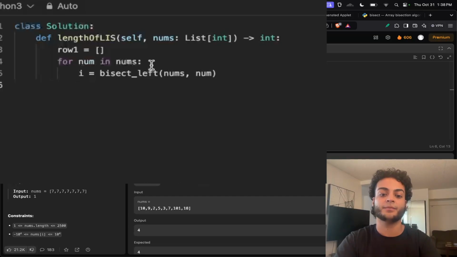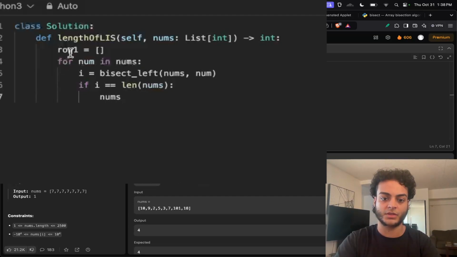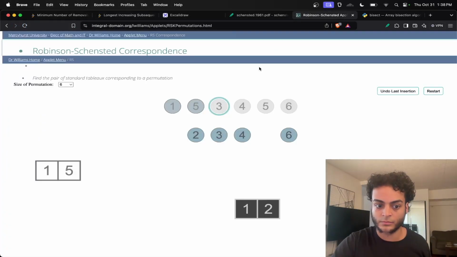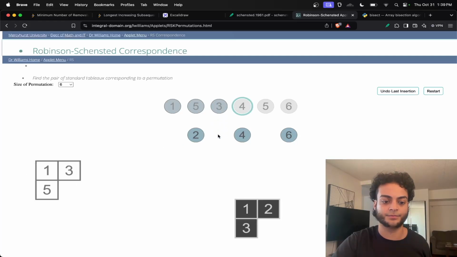And what did our Schensted insertion say to do? It said that if i was equal to the length of the row, we should just append it to the row. Otherwise, we should replace the number that's currently there and push the other number down.